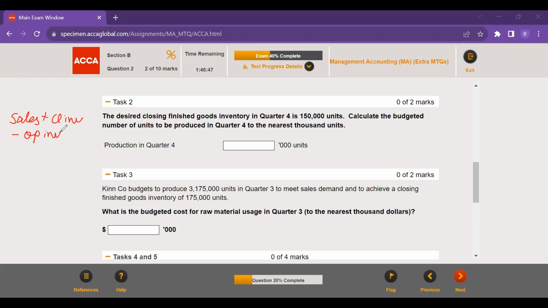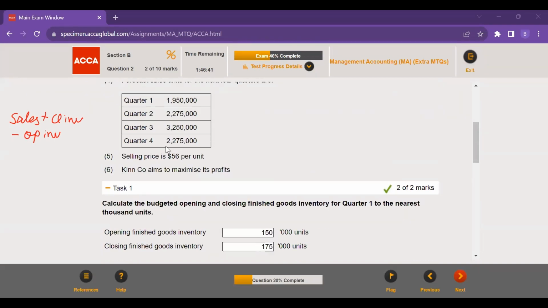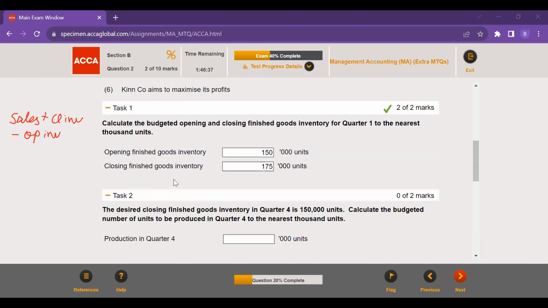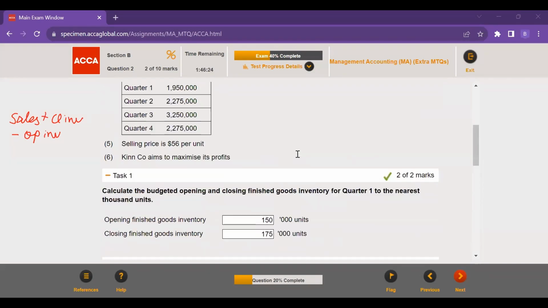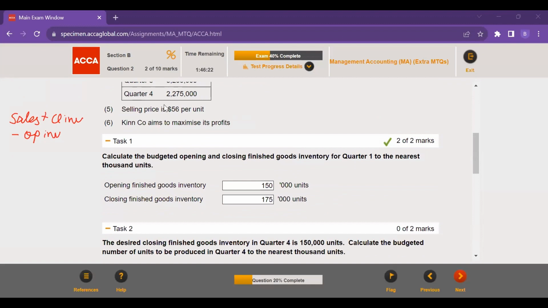Now, sales in quarter 3 are already given to us. Here we have to find out the figure for quarter 4. So we will have a look at how much our sales are going to be in quarter 4, which is 2275,000.